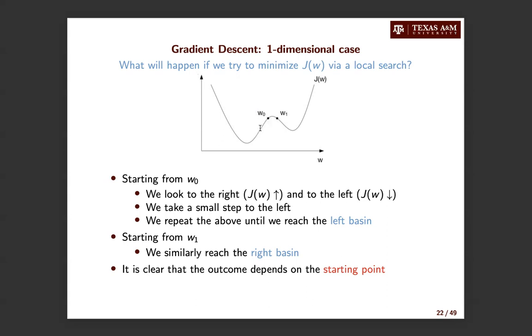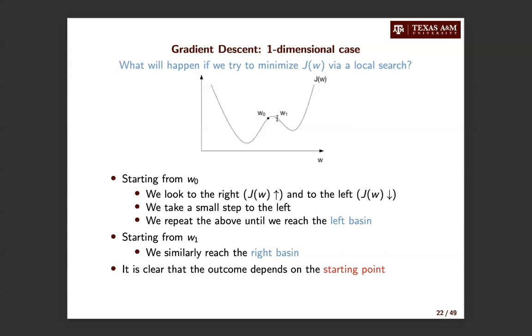And essentially what we would like to do is, informed by the positive slope at W0, go to the left side, because we expect that J of W will decrease, at least locally, when we shift W0 towards the left. Similarly, if we start from W1, we see that the gradient at W1 is negative.